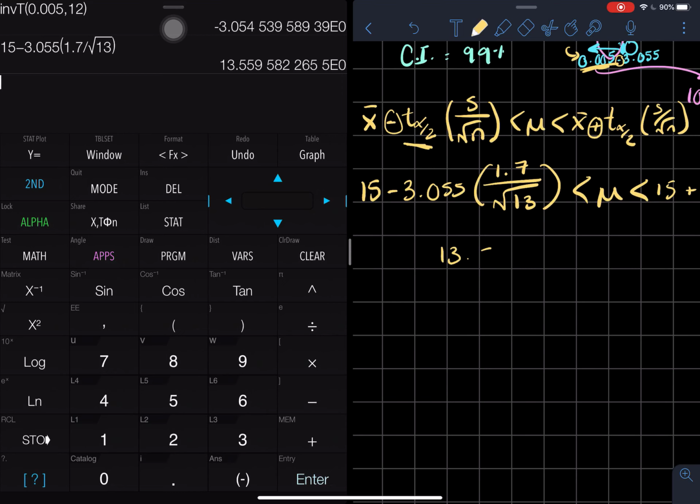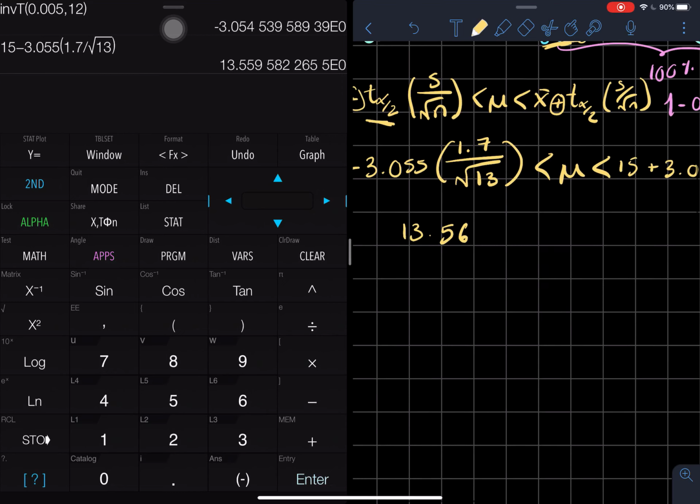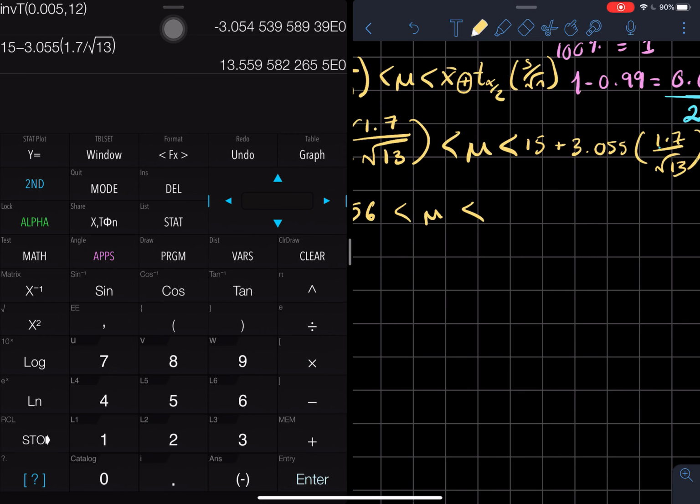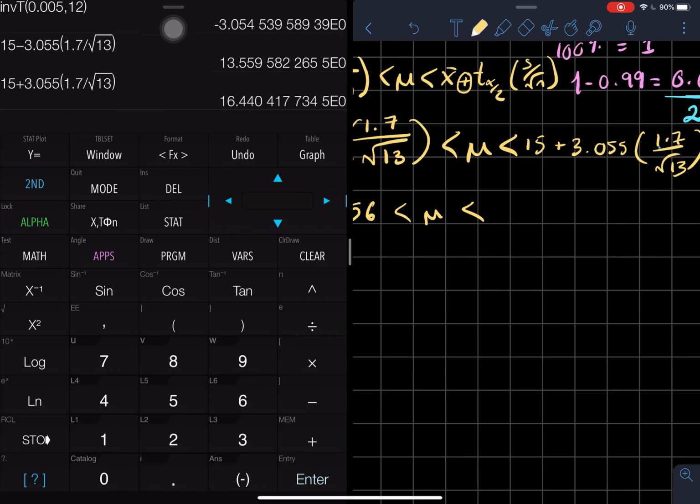It's just going to be 15.56. And then my mu, this is going to be the same equation, except this time I'm just going to say plus, there we go, enter it, and it's going to be 16.44.